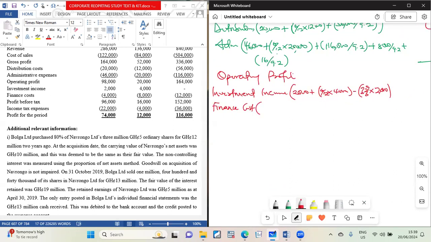We have finance cost of 4,000 plus 6/12 of 8,000. Then we have another one that is coming from 12 over 9.2.